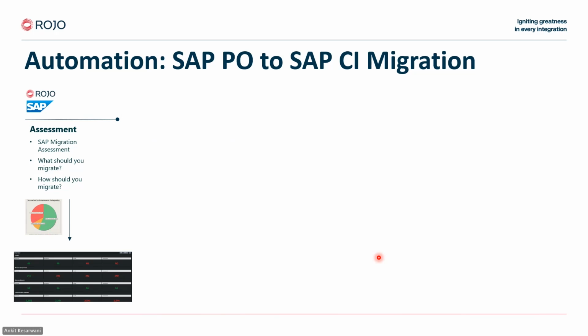So with the SAP assessment, what we were able to answer is what can be migrated from PO to CI. But at the same time, it is also important to answer what should be migrated to CI and how it should be migrated to CI.